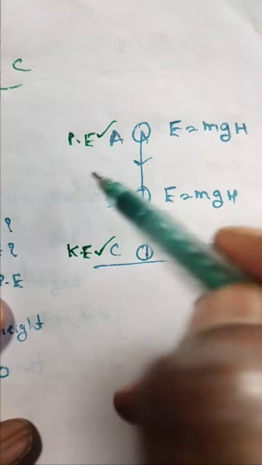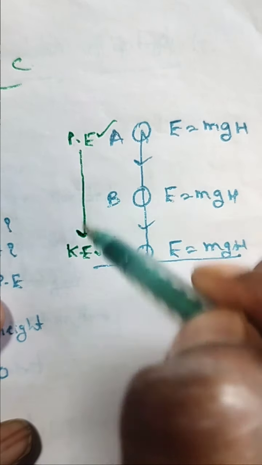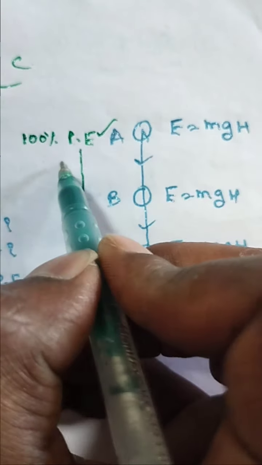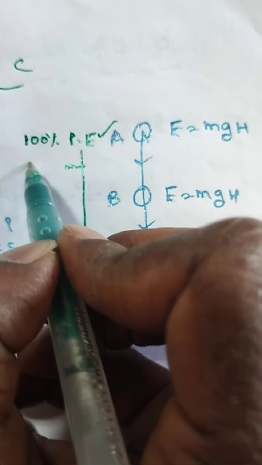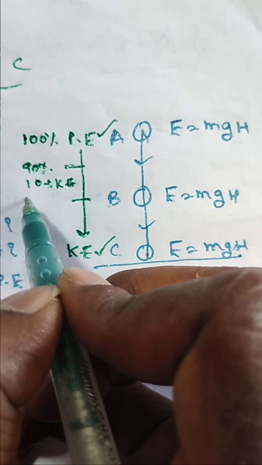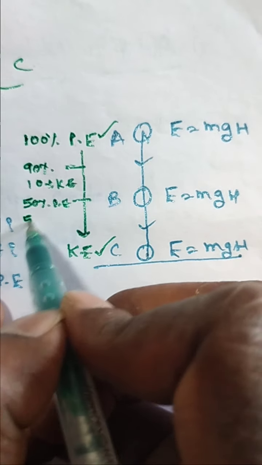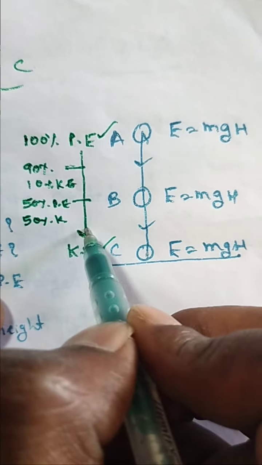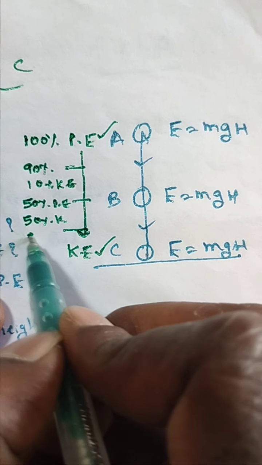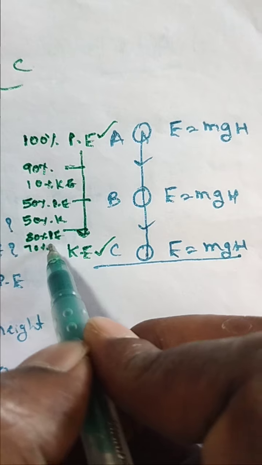So what is your observation when the object is freely falling? From A to C, at A the potential energy is 100%. At this point, potential energy 90%, 10% kinetic energy. In the middle, for example 50% potential energy, 50% kinetic energy. At this point, 30% potential energy and 70% kinetic energy.